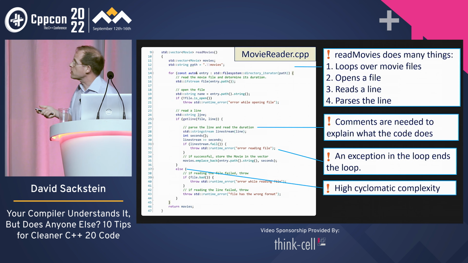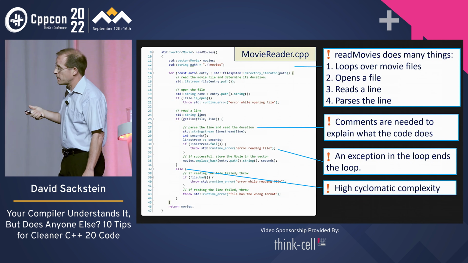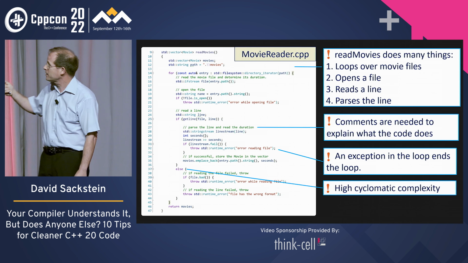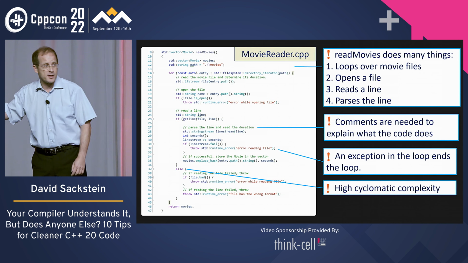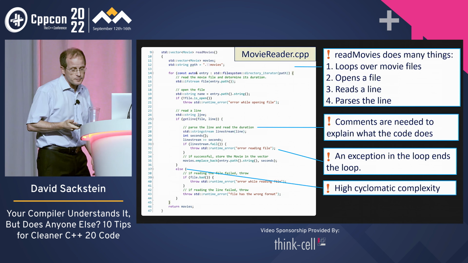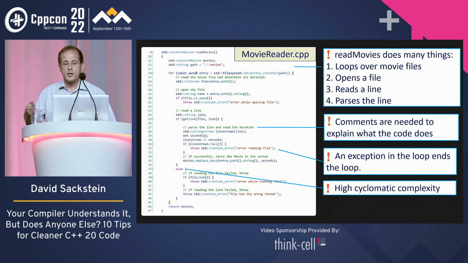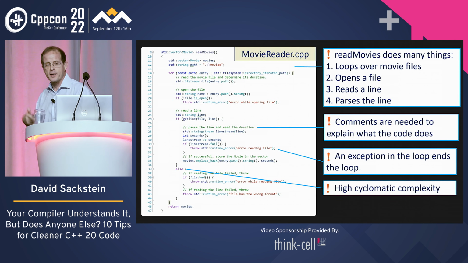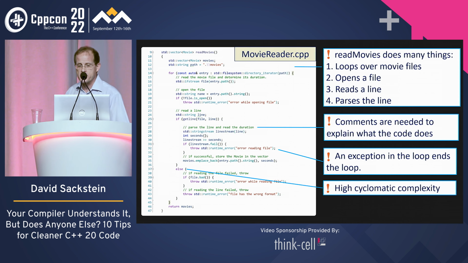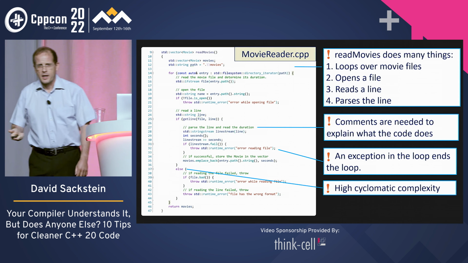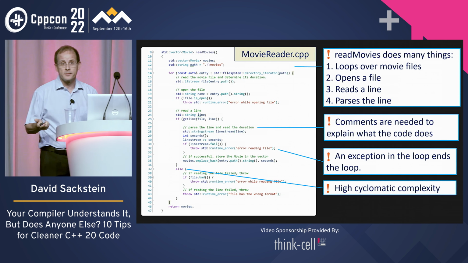So if we look at the implementation code, yes, I know it's very difficult to see the detail. That's not really intended. What I'd like to tell you about is that this function, the read movies function, actually does many things. It loops over movie files. And then for each file, it opens a file, it reads a line, it parses the line. It's very, very complex, and I would say this code is very unclean.